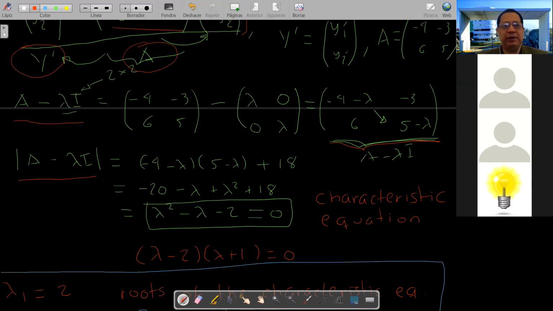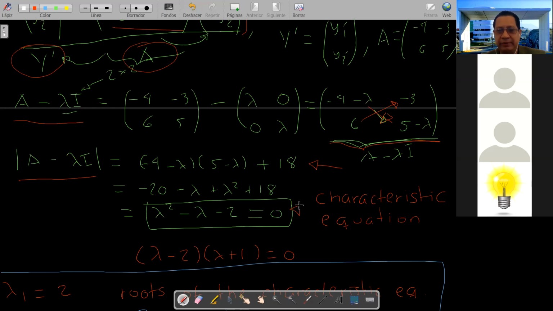Here it is. And you know that the determinant of a given 2 by 2 matrix can be obtained by doing the cross products and subtracting them. Here that calculation is shown. From there, we get a second order polynomial, and we make that polynomial equal to 0.